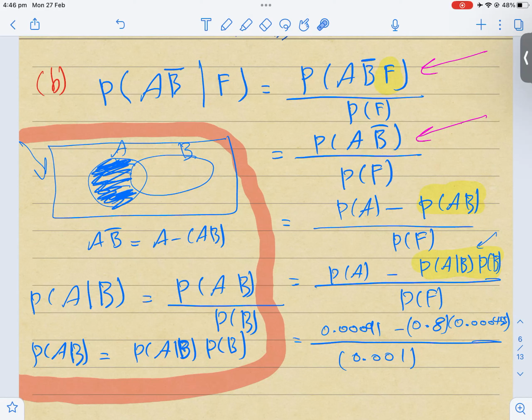However, if they are available, I doubt you completely get the ideas line by line. So now the question is, how am I able to write probability of A B bar as probability of A minus probability of AB? Do you have any idea about this?